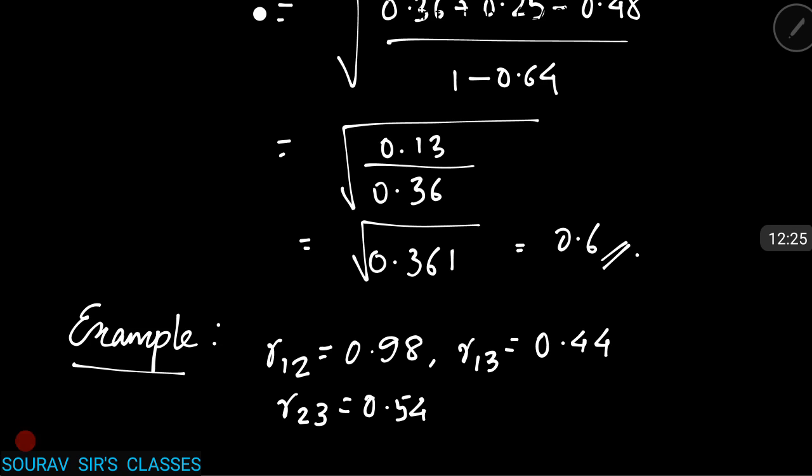R12 is equal to 0.98, R13 is equal to 0.44, and R23 is equal to 0.54. Calculate the multiple correlation coefficient treating the first variable as dependent and the second and third variables as independent.